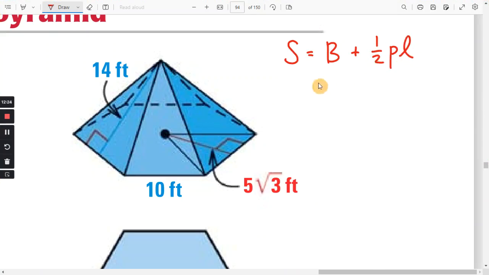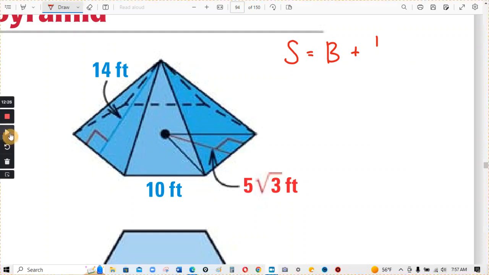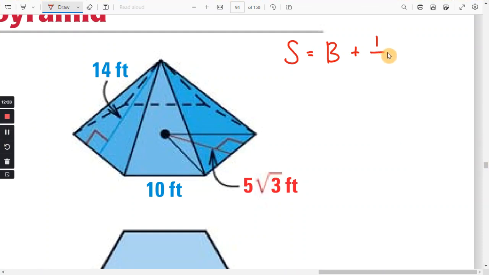I'm sorry, that should be a capital P. The P stands for perimeter anyhow, but they use capital P. Okay, B is the area of the base. They said this is a regular hexagonal pyramid. Regular means all the angles and sides are congruent on the base. So this side matches this side, matches this side, and so on.